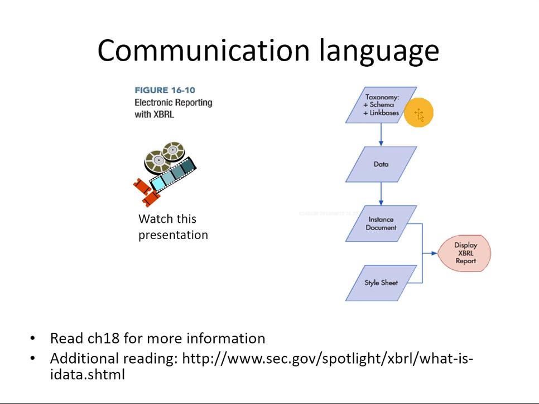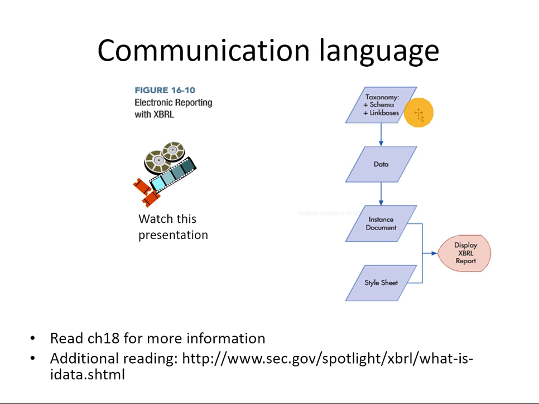When we put a tag on the data, that's not enough. We also have to explain what the tag is about. That is the link base. Sometimes we need a lot of words to explain what the tag is. For example, if I put US GAAP over there, what is US GAAP?